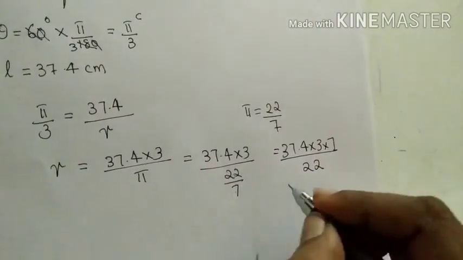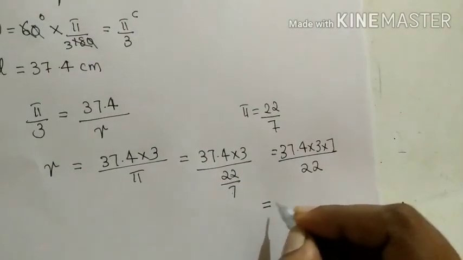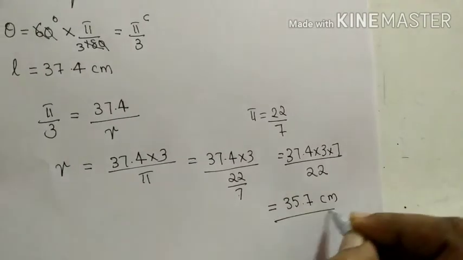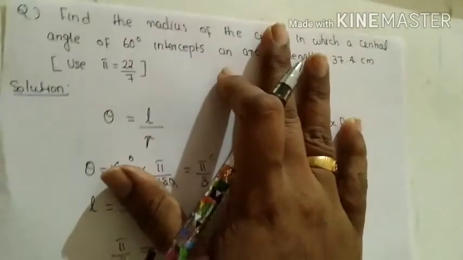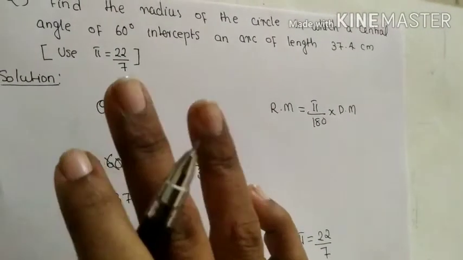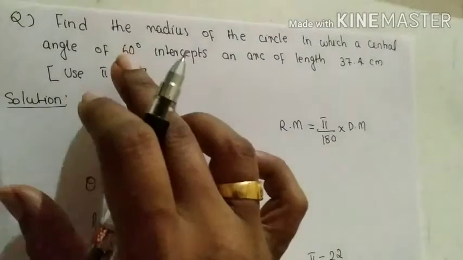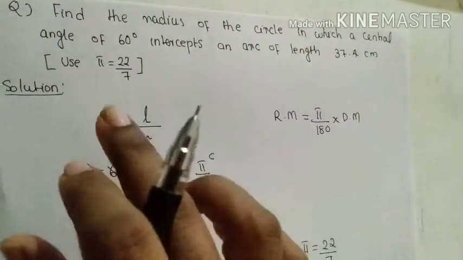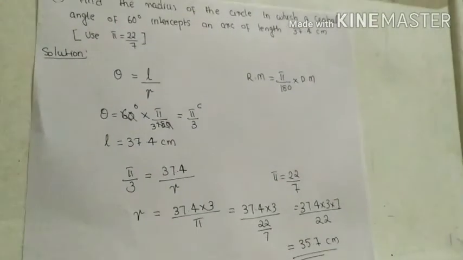Okay, and the answer will be 35.7 centimeter. So in this question, note that theta is always in radian measure. So if it is given in degree measure, we need to convert it into radian measure. Okay.